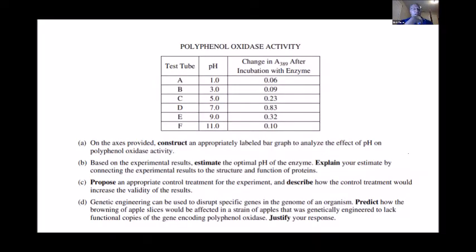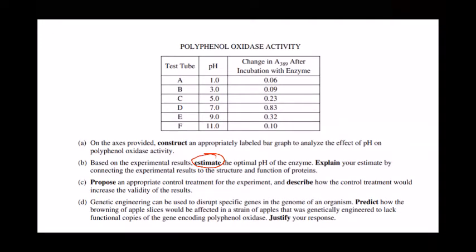Now, part B, based on the experimental results, estimate the optimal pH of the enzyme. Explain your estimate by connecting the experimental results to the structure and function of enzymes. So first of all, we're estimating. So somebody unmute and tell me the optimal pH for this enzyme. 7. 7.